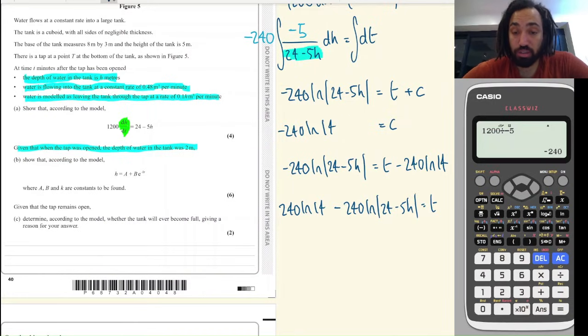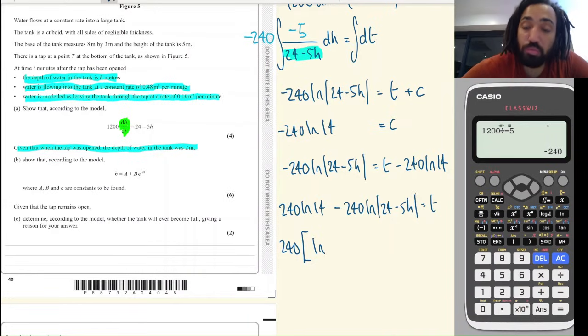I'm then going to take out a factor of 240, and that's going to leave me with ln 14 minus ln 24 minus 5h. And what we know when we take one ln from another, I can write it as those two ln's divided by one another.